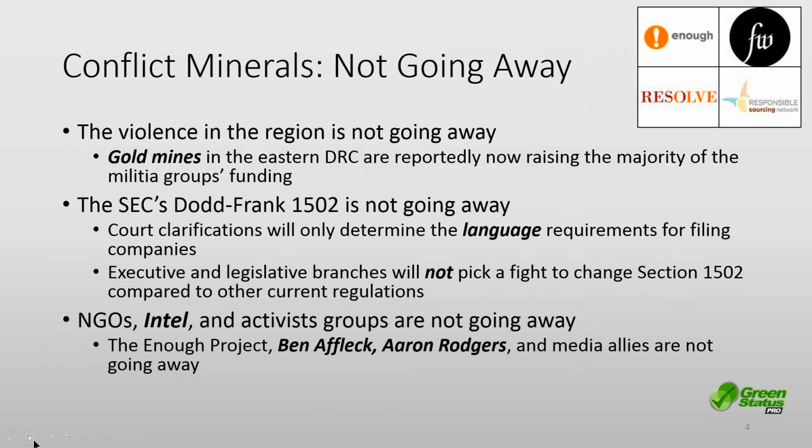Then the third area is publicity. When we look at the NGOs, Intel is a leader in this area, and other activist groups, it's not going away. And in fact, when we look at the star power with the media, Ben Affleck, Aaron Rodgers, we continue to see the conflict minerals reporting and the humanitarian requirements are in the forefront.